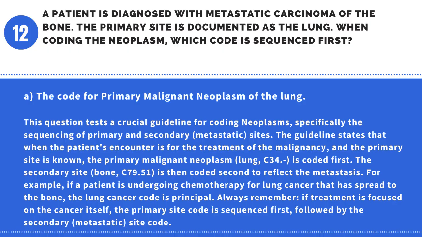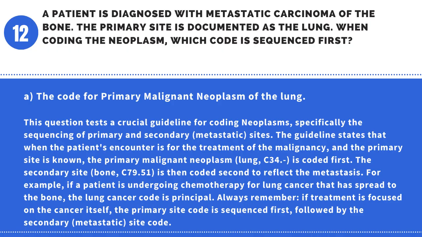This question tests a crucial guideline for coding neoplasms, specifically the sequencing of primary and secondary metastatic sites. The guideline states that when the patient's encounter is for the treatment of the malignancy and the primary site is known, the primary malignant neoplasm, lung, C34, is coded first.